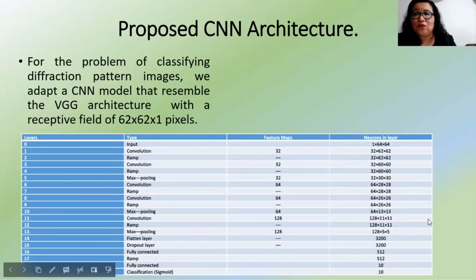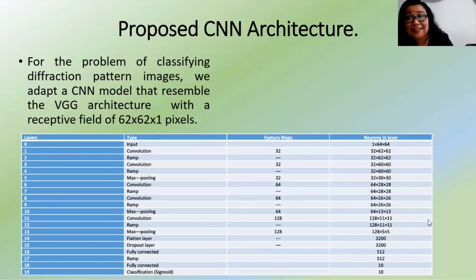The architecture of the proposed CNN used in this work is detailed in this table. It consists of 5 convolution layers, 3 max pooling layers, and 2 fully connected layers. Stride for convolution and max pooling was set at 1 in both cases.